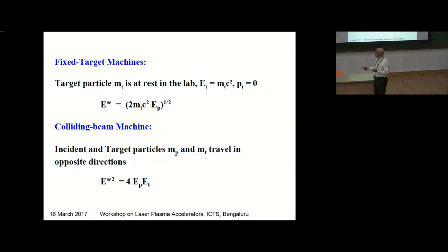So you don't increase any further as you go to very high energy. Whereas in the colliding beam machine, the incident and target particles travel in opposite directions, and the energy goes linearly with the particle energy itself. So this is why all the high energy machines are colliders.